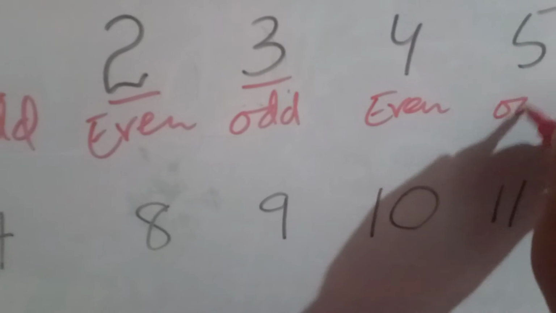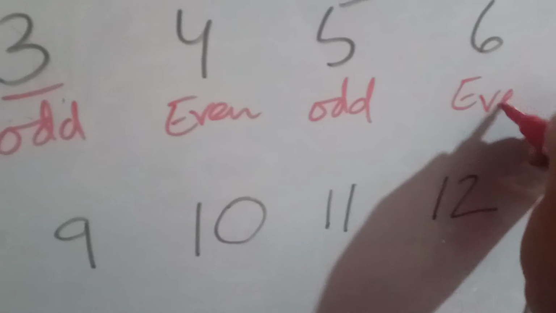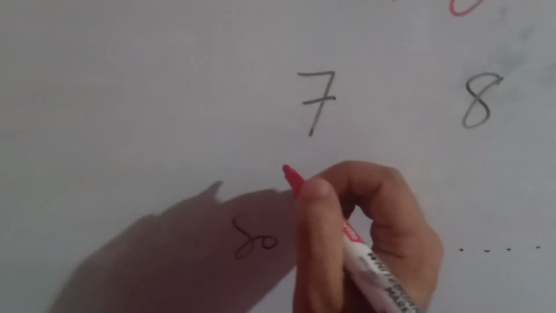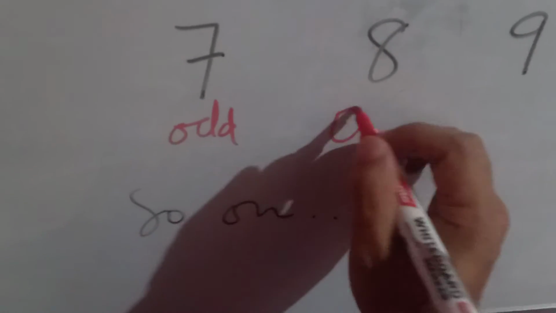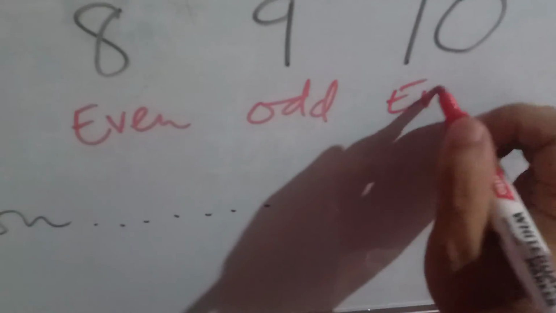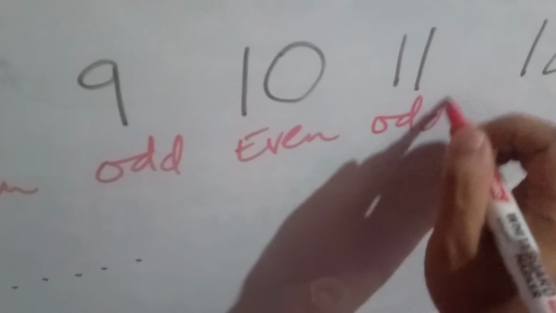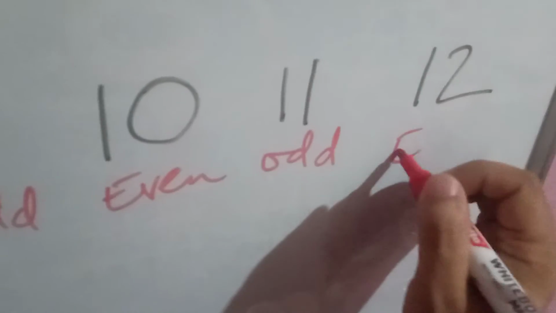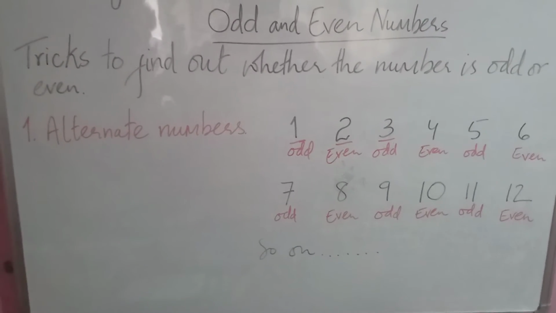Number 5 is odd, number 6 is even, number 7 is odd, number 8 is even, number 9 is odd, number 10 is even, number 11 is odd, number 12 is even. So this is one trick you can use to know whether numbers are odd or even.